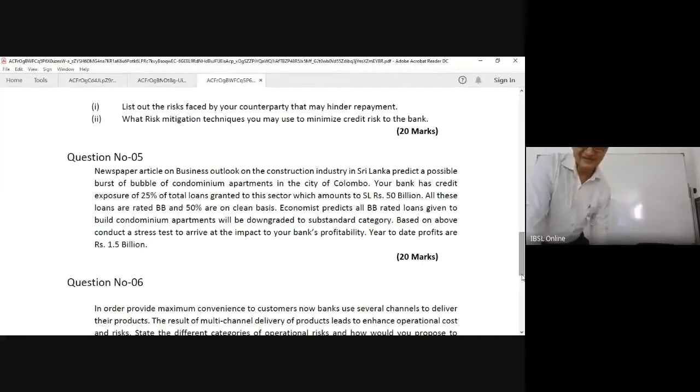So we are building a scenario. The scenario is that this particular sector is vulnerable. All these loans are double B rated. So we have a rating here: double B.